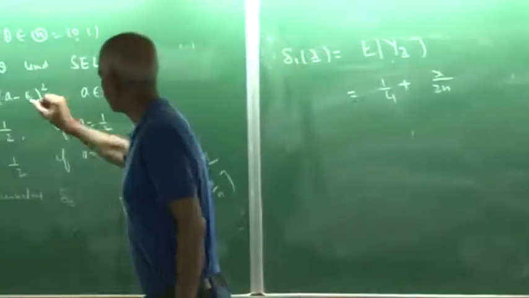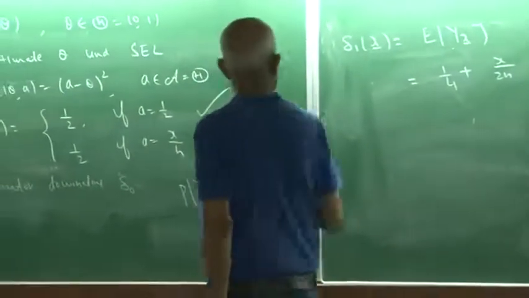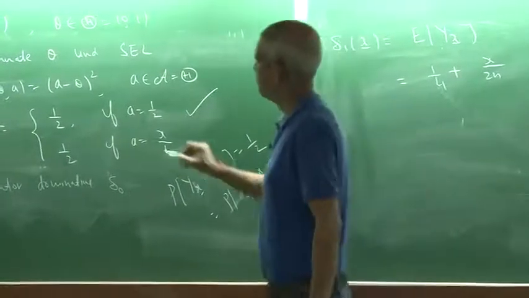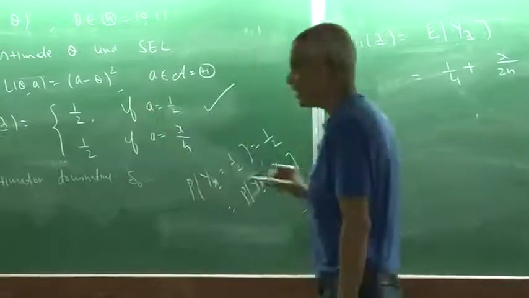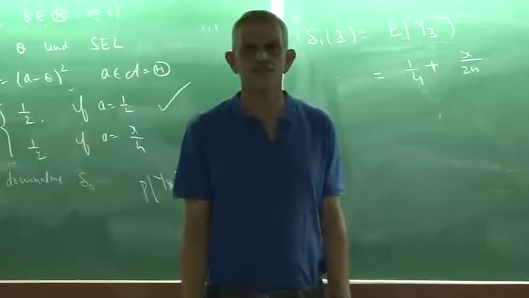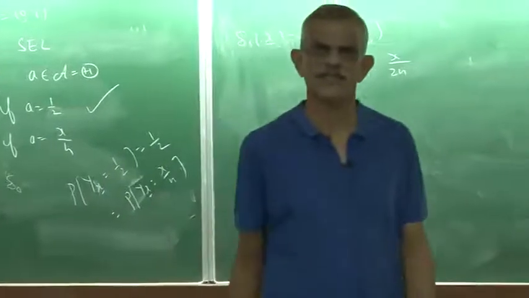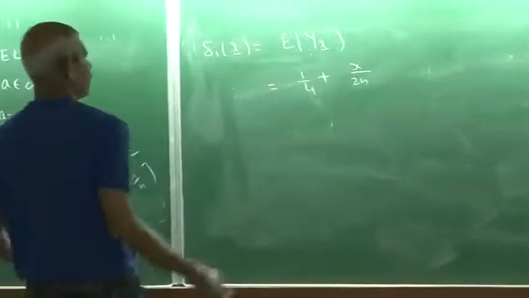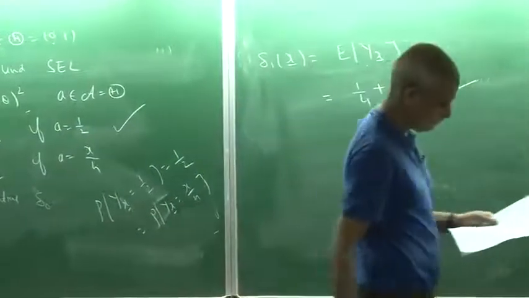Now, here since loss function was convex in A, we know that I can find a non-randomized estimator which has risk smaller than this. And what is that? It says just take the mean of this distribution, which does the randomization at the first stage. And mean of that distribution we found out is this.